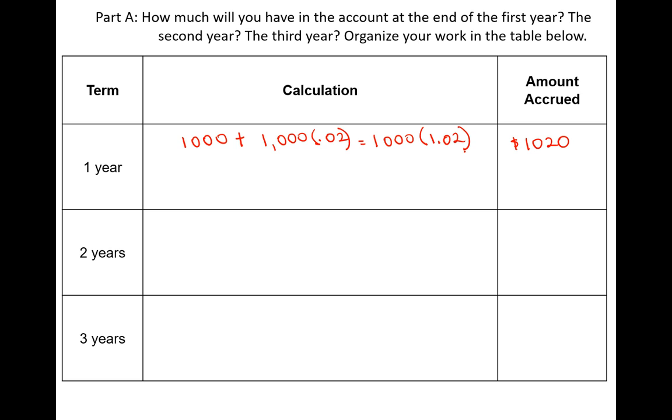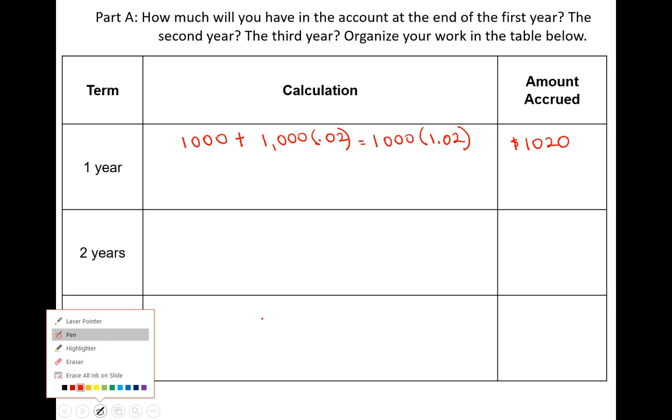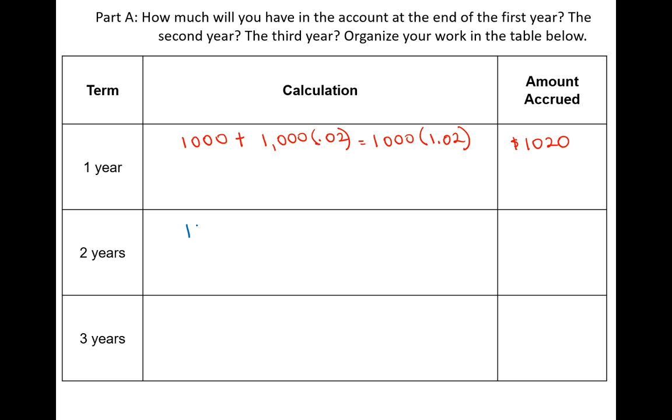Okay. Now, the way this works is the next year you're going to get interest on your interest. So if you put in an amount of 1,020, that's how much we're going to start with this time. That's our new principal. It will still get the 2%.